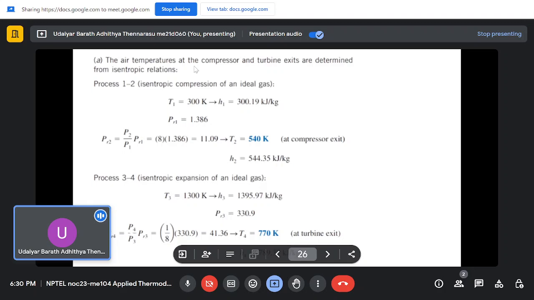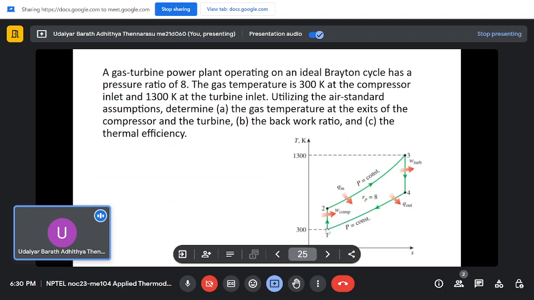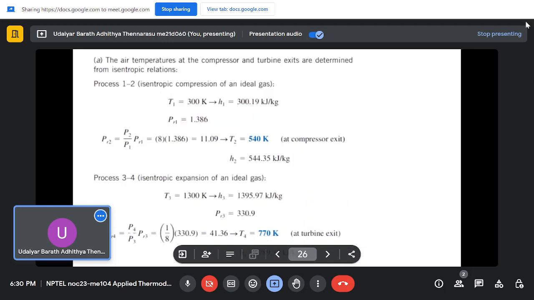So the first case is the compressor exit air temperature and the turbine exit temperature. For process 1-2, we know it's an isentropic compression process, and we know T1 is 300 Kelvin and the pressure ratio, using an air standard table. Here the enthalpy is 300.19 kilojoule per kg, and we know the corresponding relative pressure is 1.386.